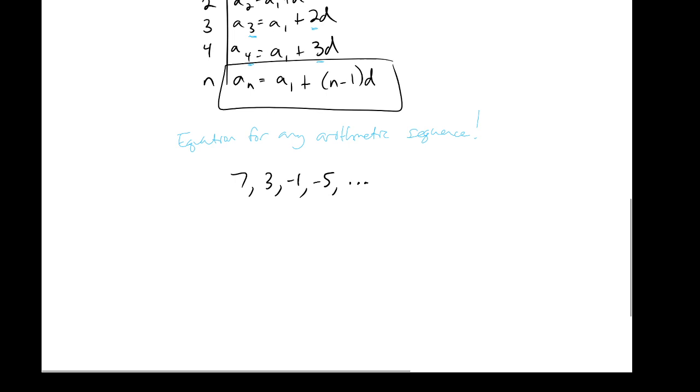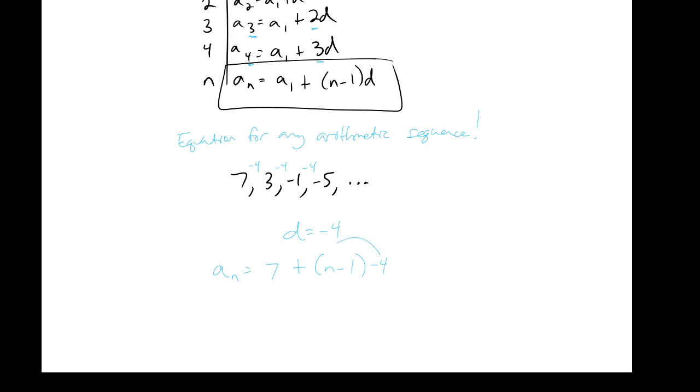Let's go ahead and do the following. We have our common difference, -4, -4, -4, so our d here is equal to -4. To figure out what a sub n is equal to, let's use our new equation. What's a sub 1? That's my first term, 7. So that is the first thing in my equation, plus n minus 1, which I'm still trying to figure out, multiplied times my common difference, which is -4.